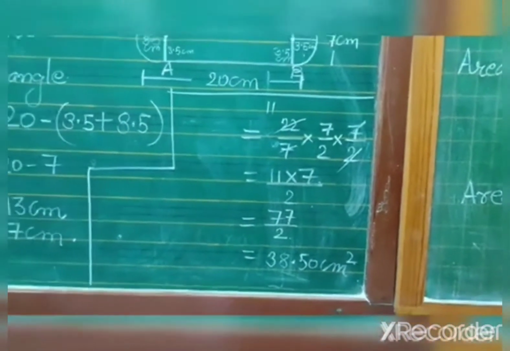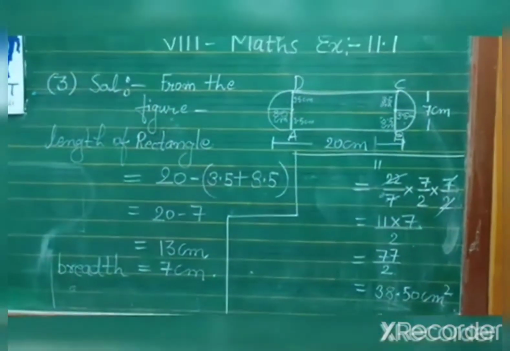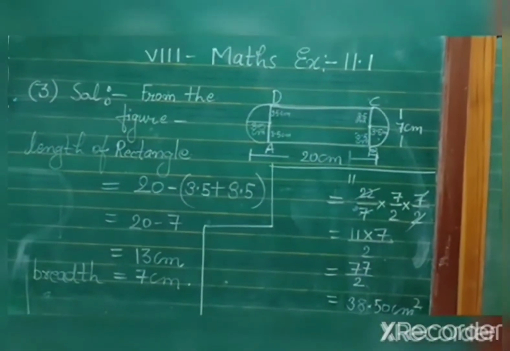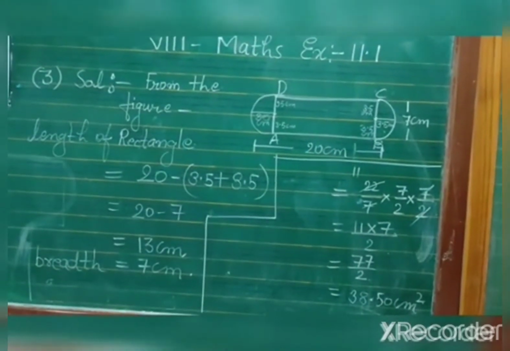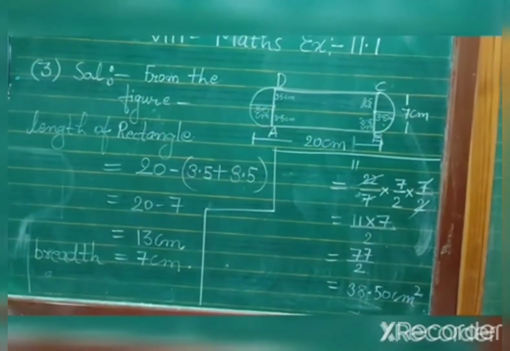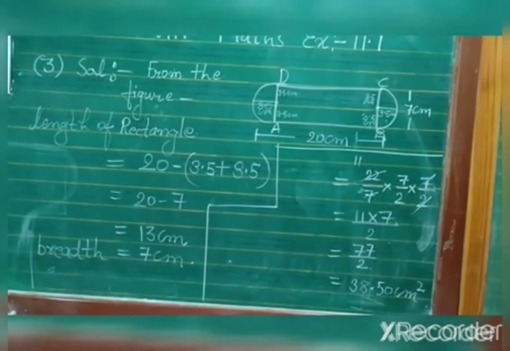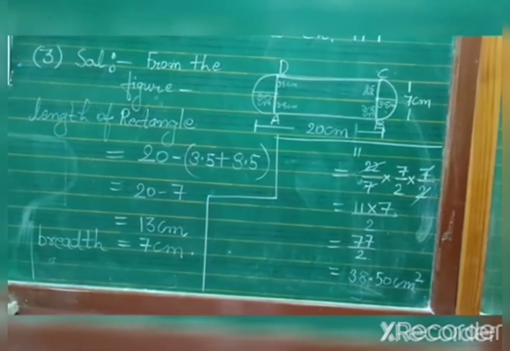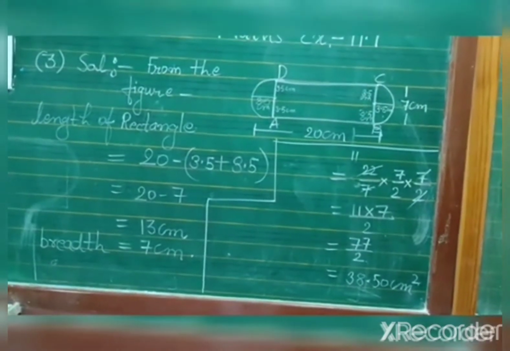After that you will write the area of garden is equal to area of rectangle plus area of 2 semicircles. So 91 plus 38.50, whatever answer you are getting, you will write. So the area of the garden is equal to this.